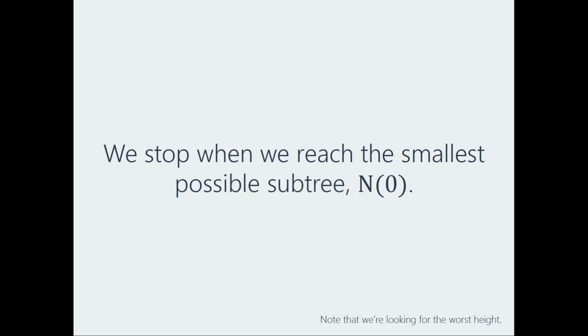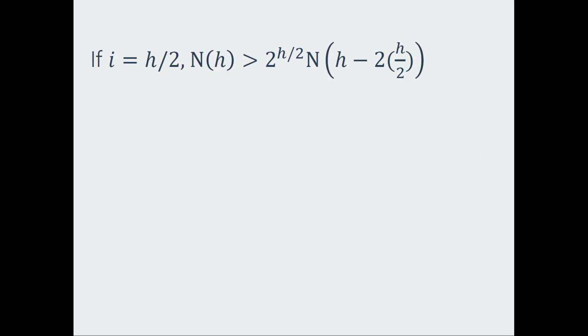And when that happens, i will be h over 2. Substituting h over 2 for i, we'll get 2 raised to h over 2 times n of h minus 2 times h over 2.